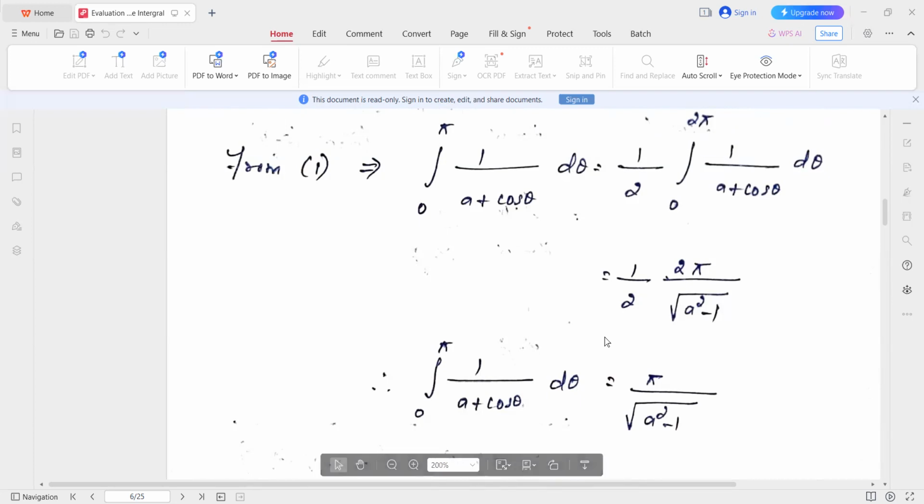Okay, so simple one. If the integral is of the form cos theta, sin theta, then you have to change the values in terms of z. So for cos theta, we have the value as 1 by 2 into z plus 1 by z. For sin theta, 1 by 2i into z minus 1 by z, and d theta is equal to minus i by z dz. By substituting the values of cos theta, sin theta and d theta, the given integral changes into a function of z.